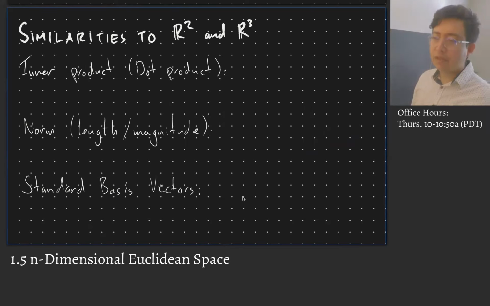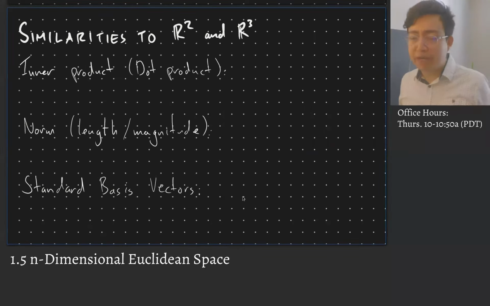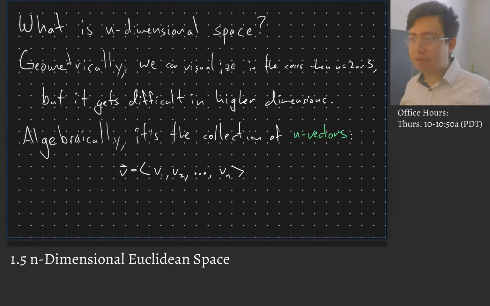Okay, so we've been studying a lot of R2 and R3, 2-dimensional and 3-dimensional space. Remember, this was our shorthand. So one thing I can say, maybe before I move on, is that n-dimensional space is Rn, right?